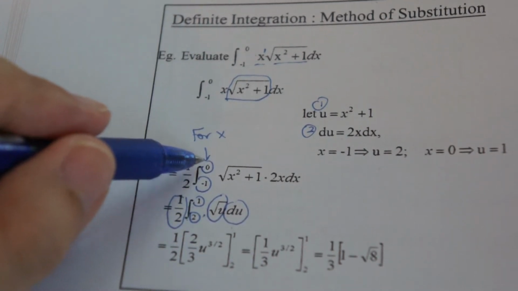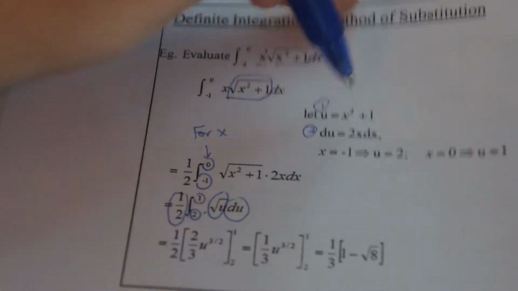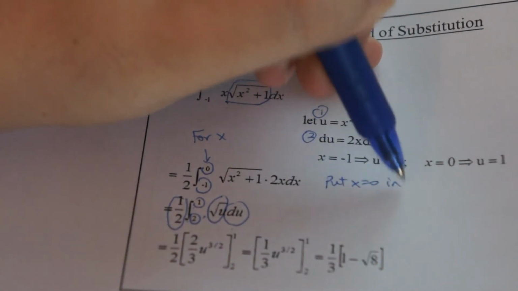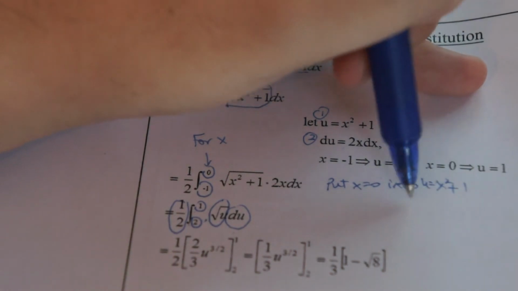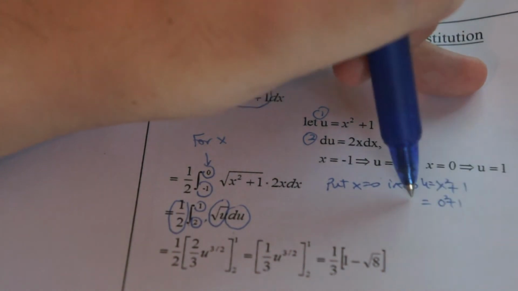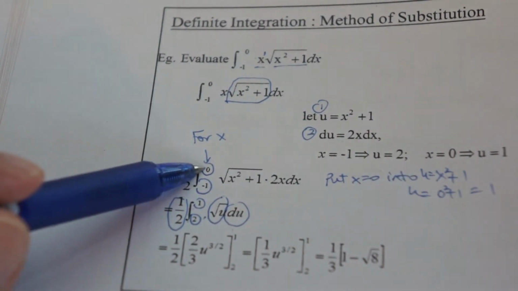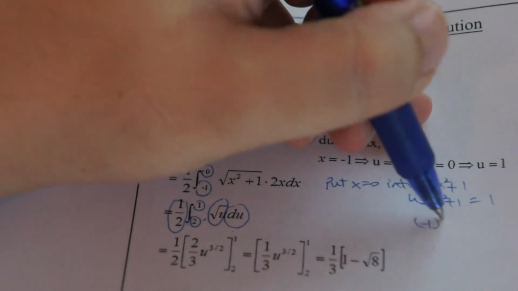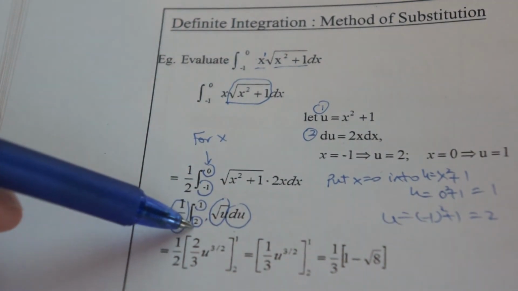When x is 0, you put x as 0 into x squared plus 1. So you get 0 squared plus 1, so u will be 1. Therefore the 0 becomes 1. While for negative 1, you place it here, plus 1, so you got 2. That's why the lower limit will be 2.